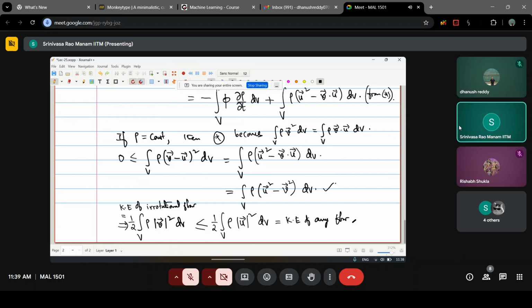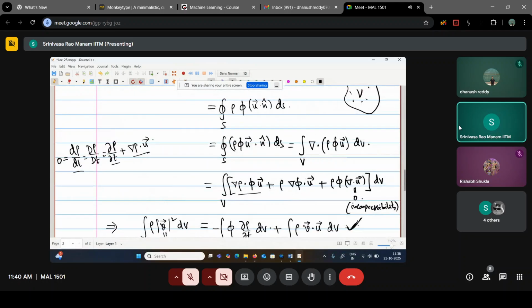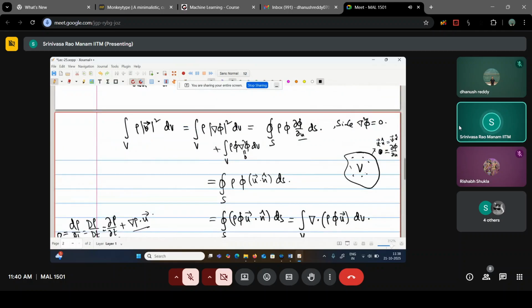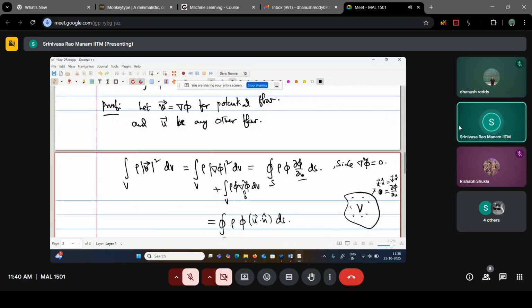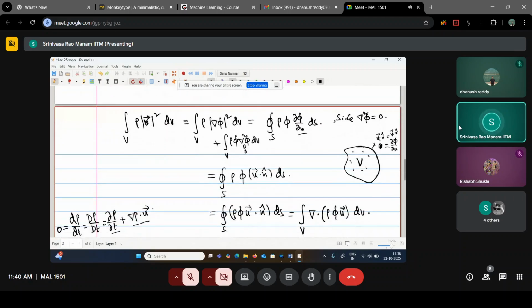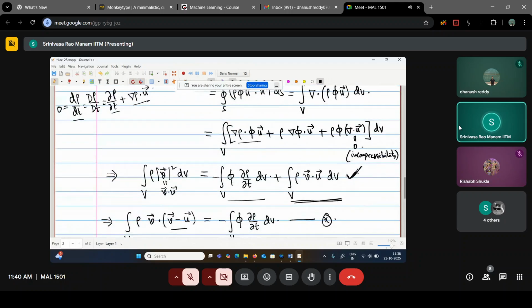So what is it that we used? Basically, whatever we have derived, that is Green's first identity, which we used. We used del square phi. So consider rho is constant. I think that is what you need to consider, because we have not considered rho equal to constant.